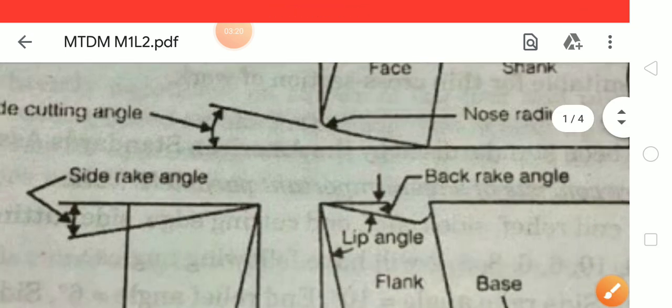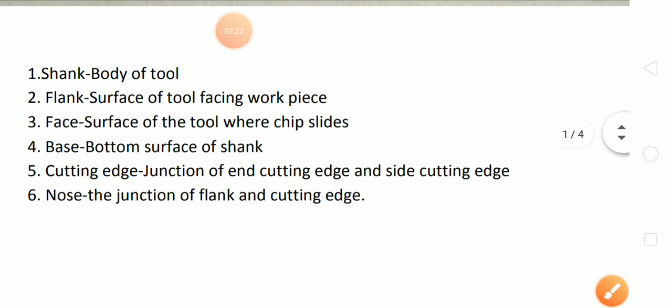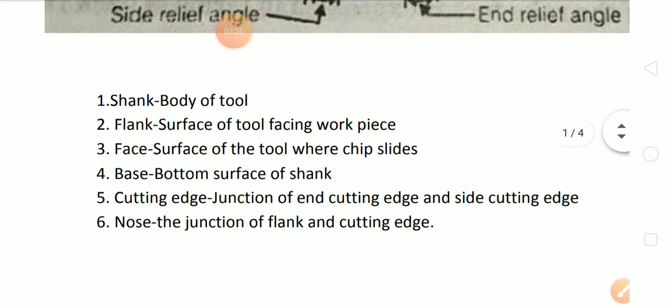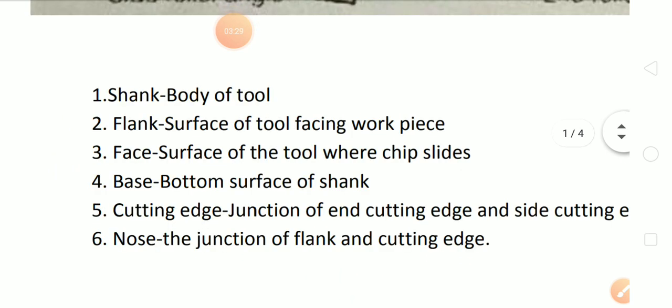Now we will move to the definitions of the different parts of a cutting tool. It is in a rhythm: shank, flank, face, base, cutting edge, nose. The definitions are all written here. Just go through each and every definition.